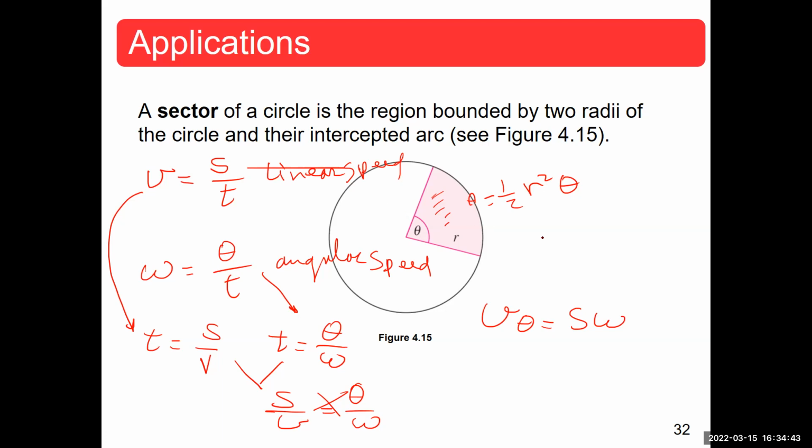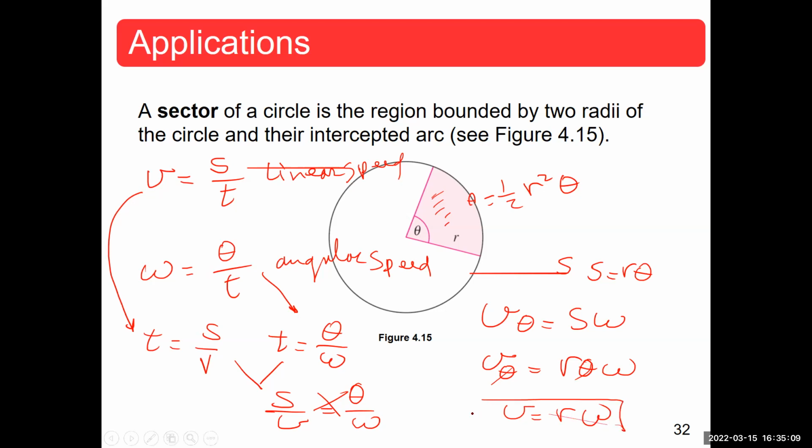We said S equals what? R theta, right? So V theta equals R theta omega, I just replace S from here. Theta cancels out. V is equal to R omega. That's a very important formula. That's the way angular velocity and linear velocity are connected.